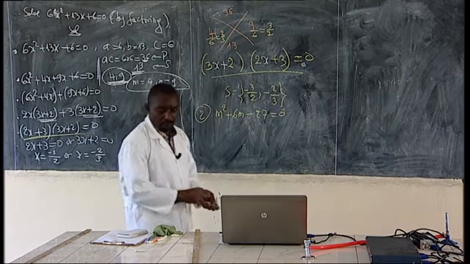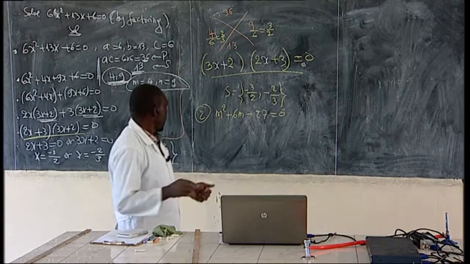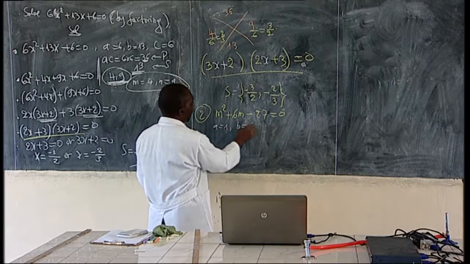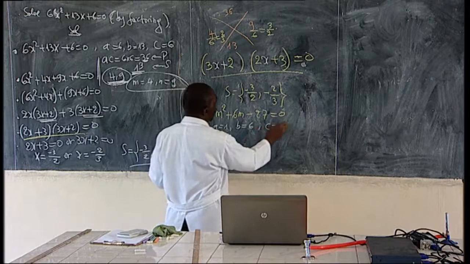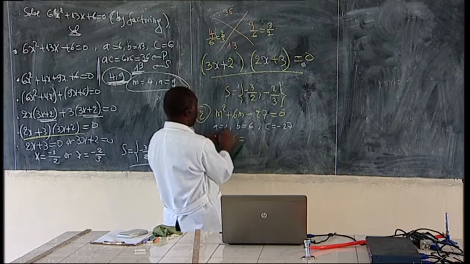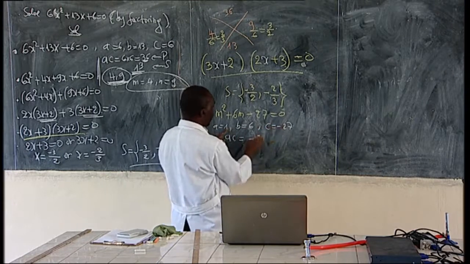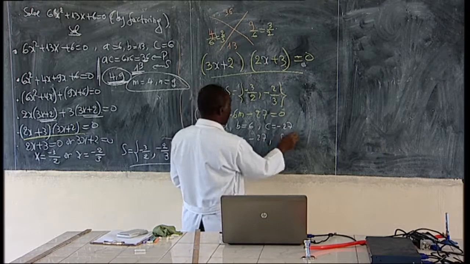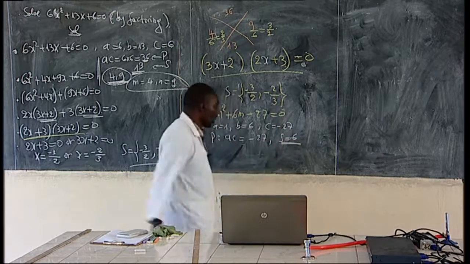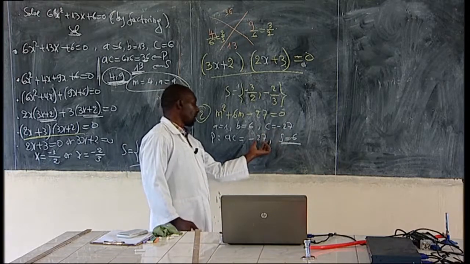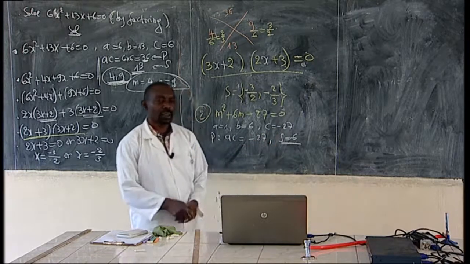Still, as we did before, here a is equal to 1, b is 6, and then c is minus 27. So the product ac is 1 times this, you get minus 27. And of course, this is the product, and the sum is 6. So you need the two numbers whose product is minus 27, and the sum is 6.